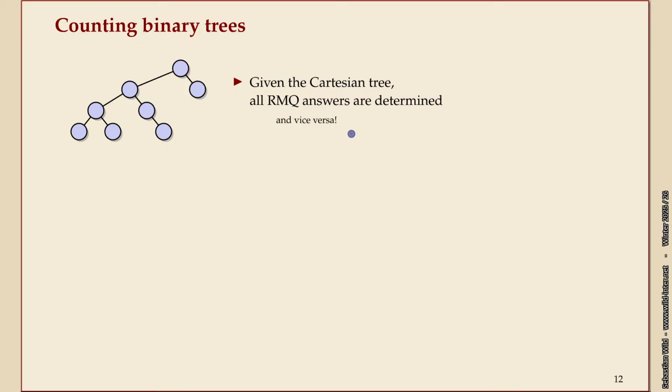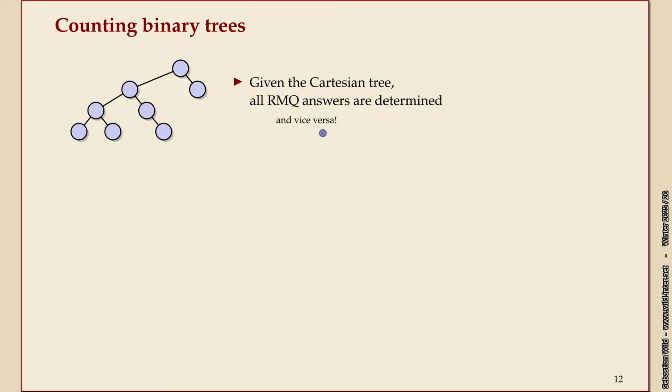If all you know about your array are the range max answers for all possible ranges, you can still reconstruct the Cartesian tree. And if you have the Cartesian tree, you can still reconstruct all the range maxes by definition, because they're given in the tree by the lowest common ancestors. So the two are exactly equivalent: knowing all answers of range max queries or knowing the Cartesian tree of an array.